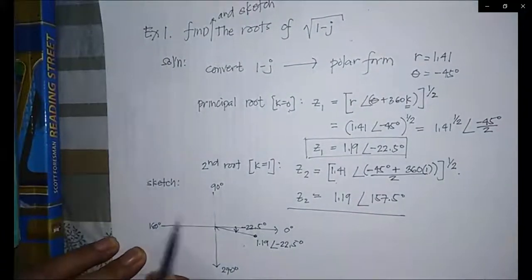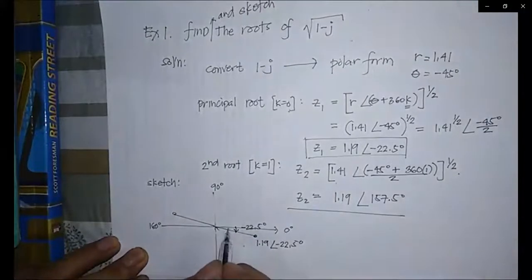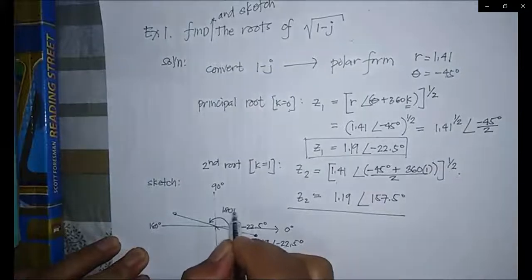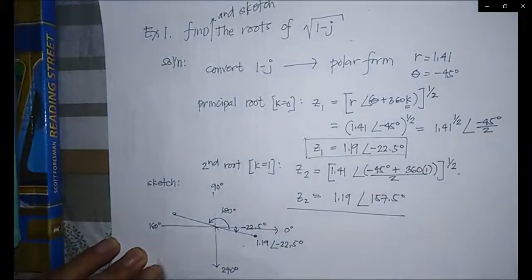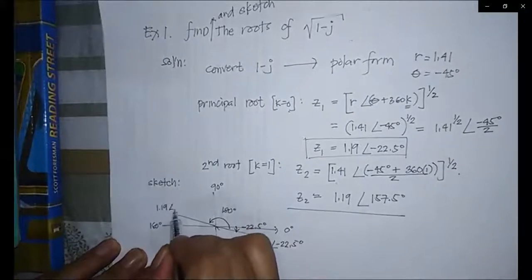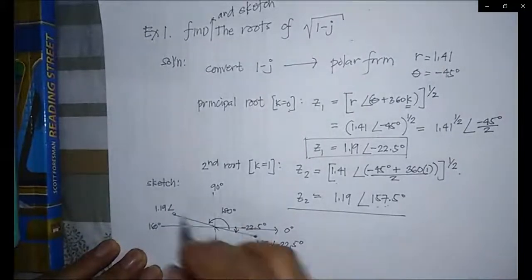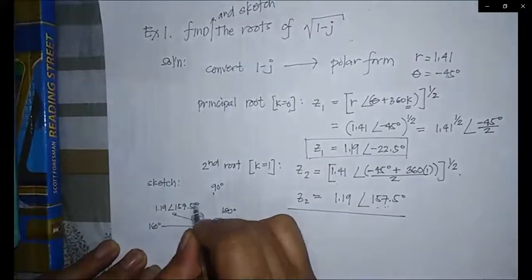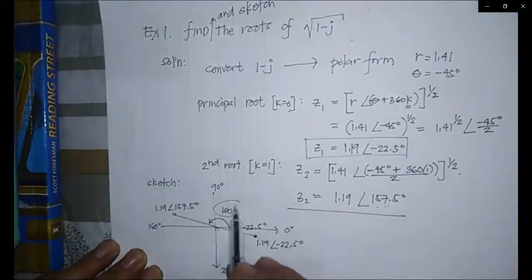Your second root should be directly opposite of your principal root. Now they are 180 degrees apart, and for the second root you have 1.19 angle of 157.5 degrees. So take note, why 180?